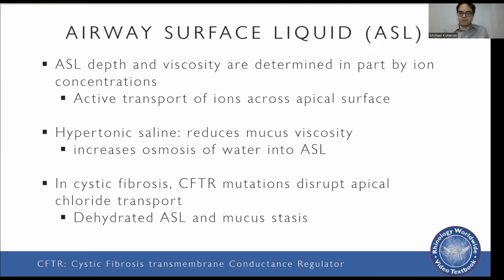Another example of this is in cystic fibrosis, where CFTR, the cystic fibrosis transmembrane conductance regulator that regulates chloride transport, has various mutations, and that chloride transport is disrupted, and that leads to dehydration of the ASL and mucus stasis.